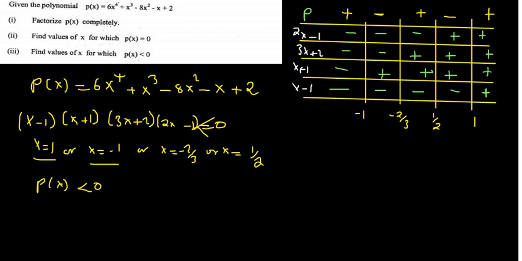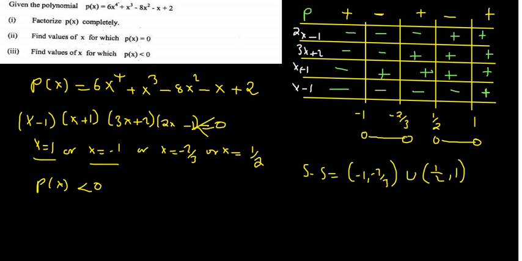What do you mean by less than 0? It is negative, where the function is negative. So it is from here up to here, and then from here up to here.